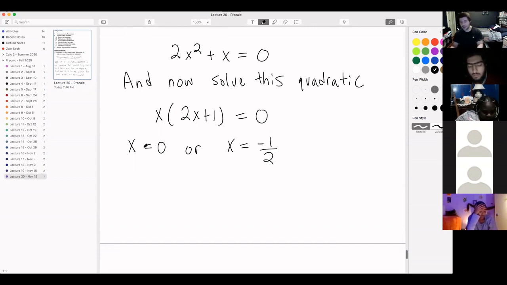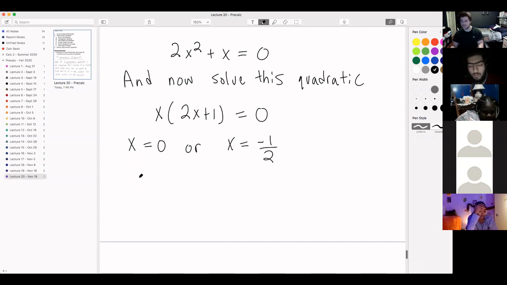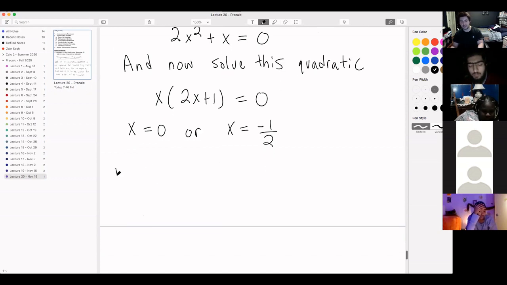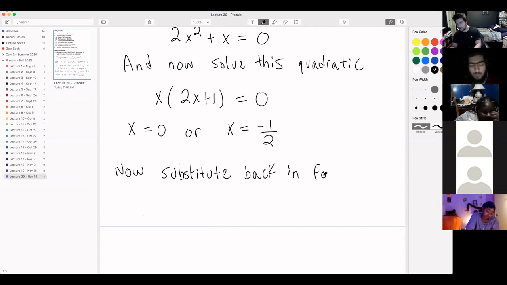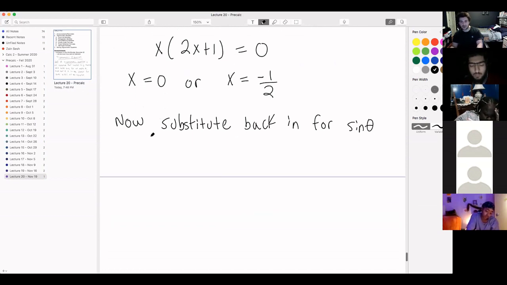By the zero product property, you set each factor equal to 0 and solve. We've done this before. Now, we're not done yet because x equals 0 is not our answer. x is sine theta, so you need to go back and substitute in. If x is 0, that means that sine of theta is 0.